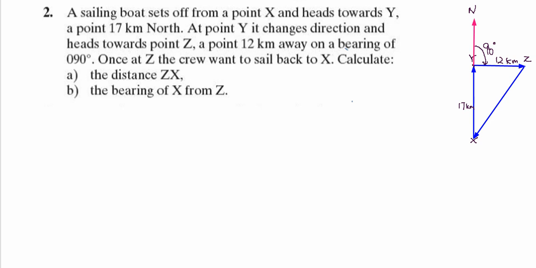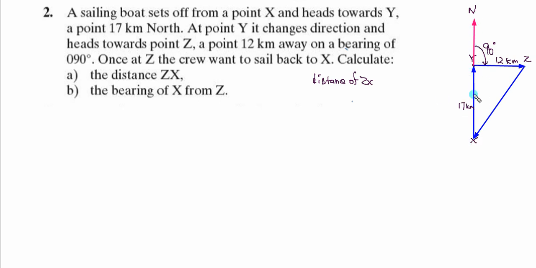Now let's look at what the question wants. You want the distance of ZX. ZX basically is this. If this is sailing north, this is the bearing of 90 degrees. So this is actually a straight line from here all the way until here.